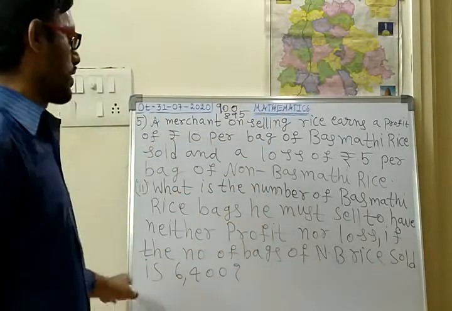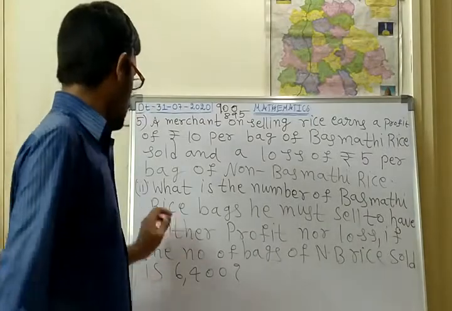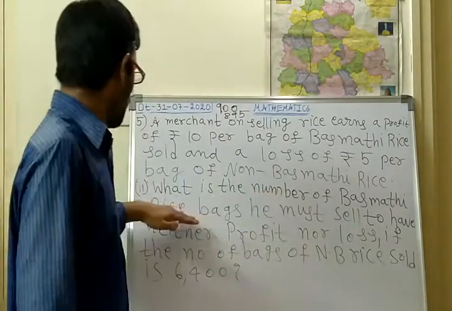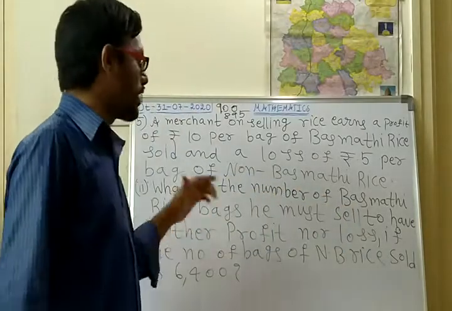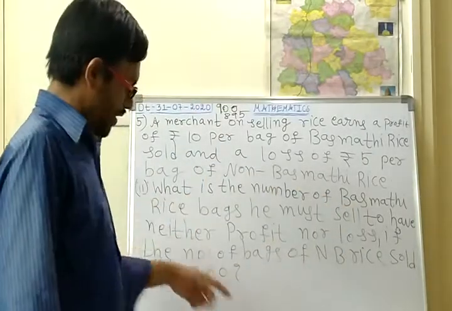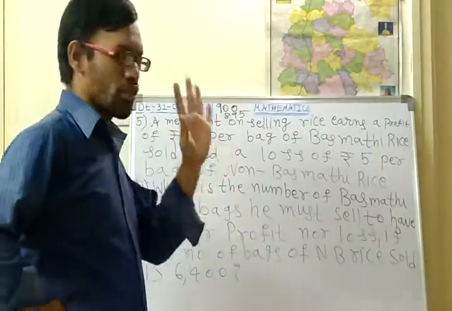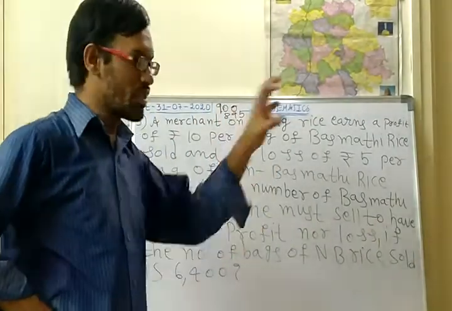So in the second question, what is the number of basmati rice bags he must sell to have neither profit nor loss? In the previous problem he got 5,000 rupees profit. That means he gained extra 5,000 rupees.